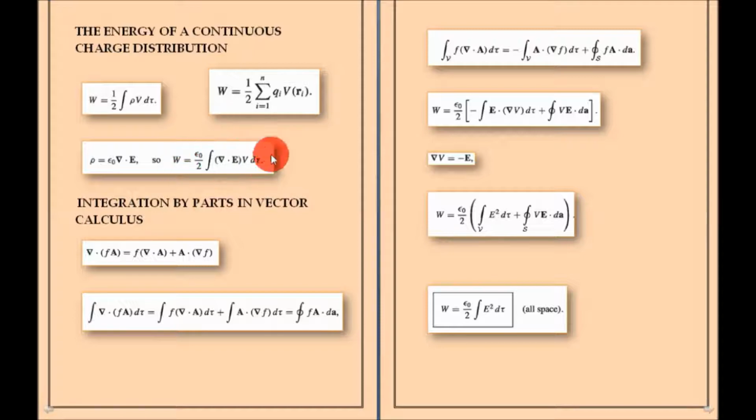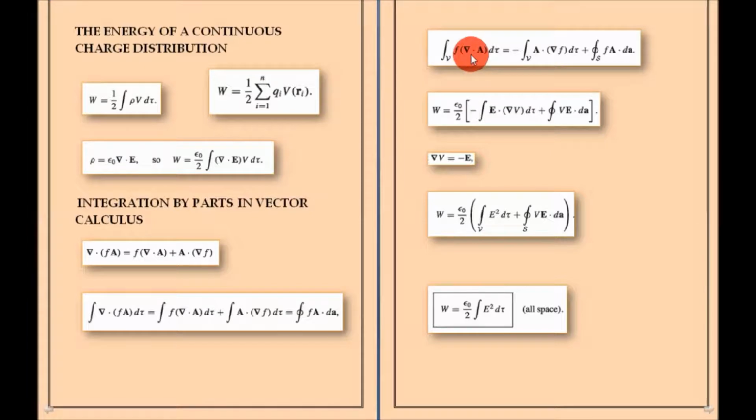We have to solve this integration. Now this integration can only be solved by using integration by parts. If you don't know how to apply by parts in vector calculus, you can go through this derivation. Now just look at this formula.